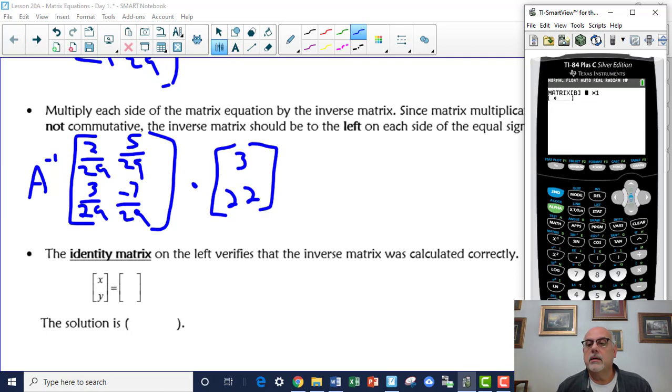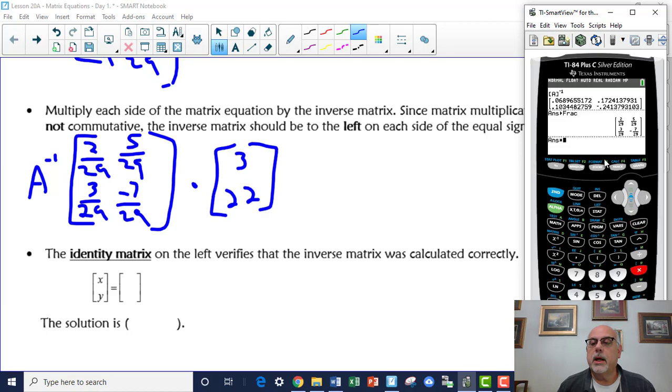And that is a 1 by 2. Excuse me, 2 by 1. What was I thinking? 3 and 22. There's our matrix B. So here we want to take our inverse.